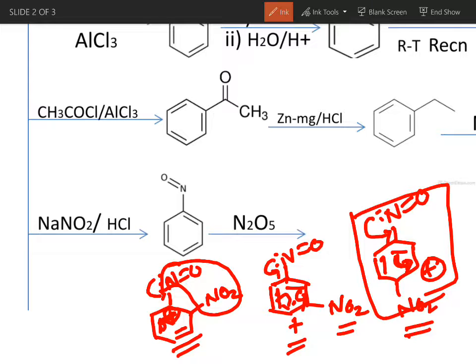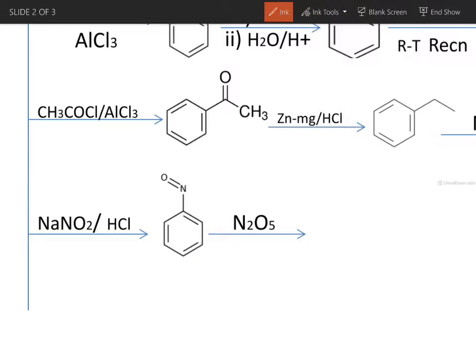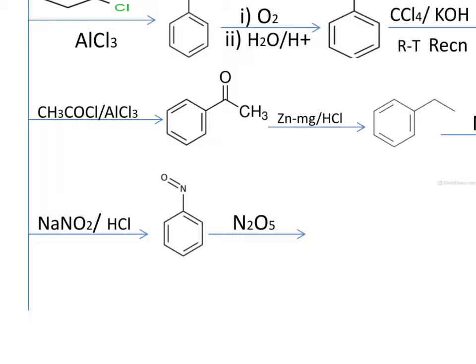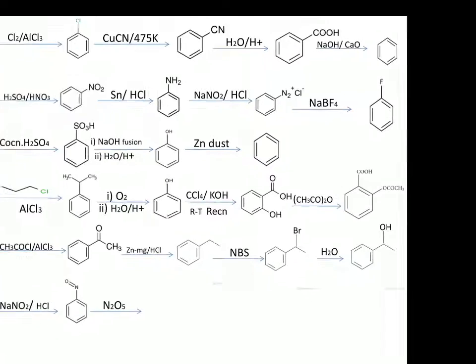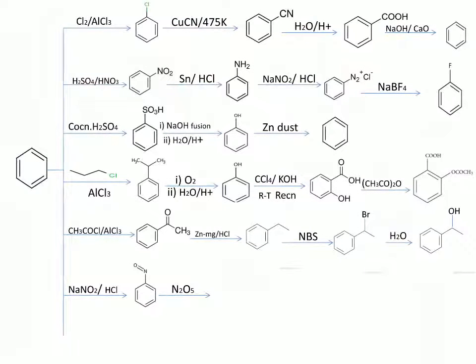So NO2 will go and attach to the para position of nitrosobenzene and give the compound para-nitronitrosobenzene. Now this para compound is further reacted with Br2 in the presence of AlBr3.